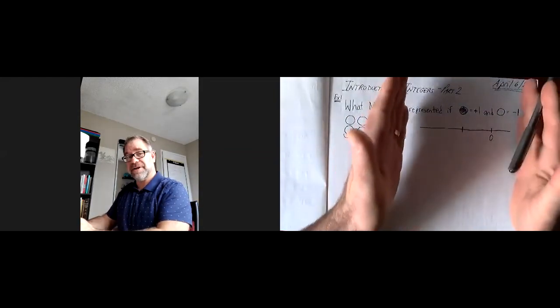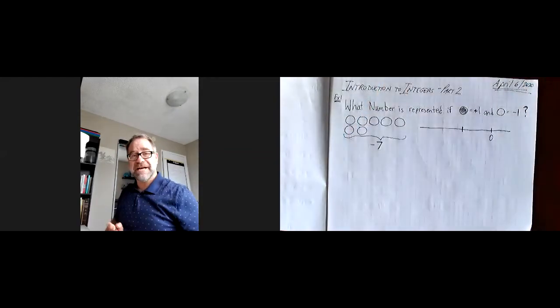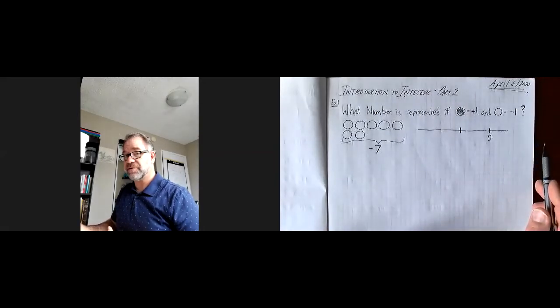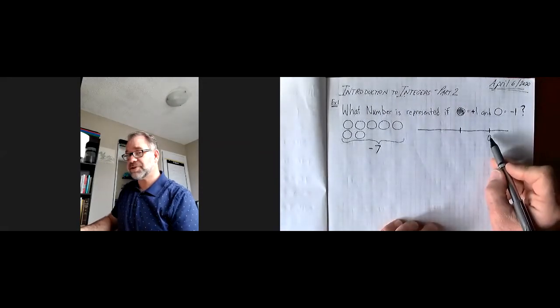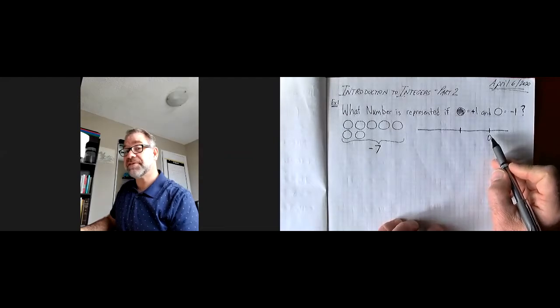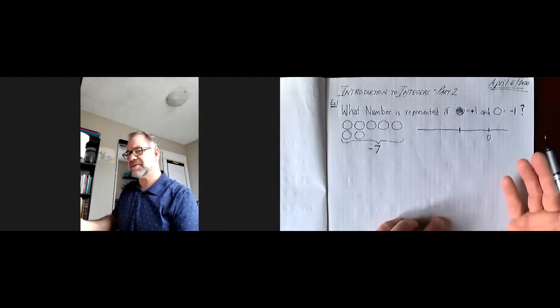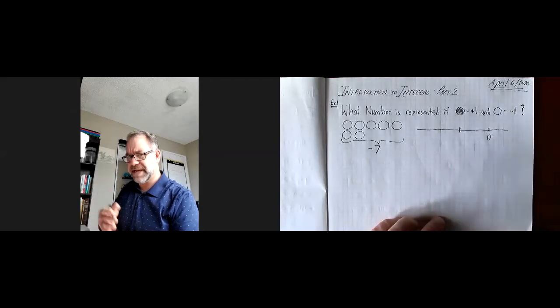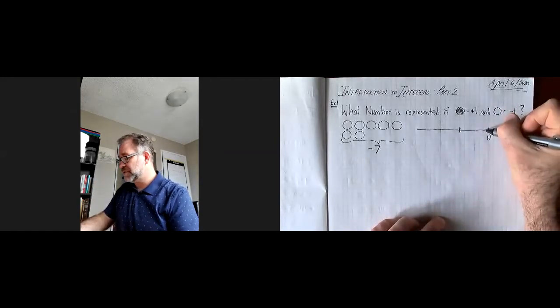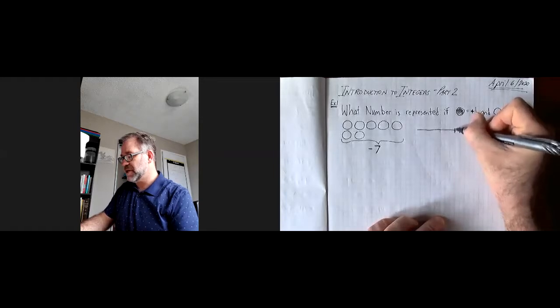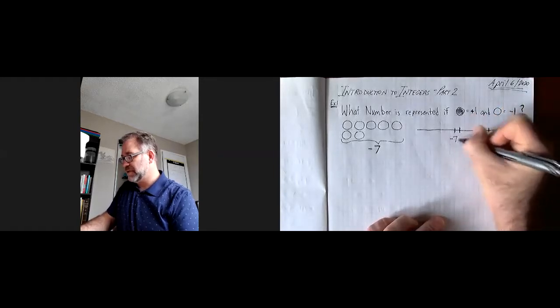For right now, I don't really need much of the positive values. 0 is just an arbitrary point in space. It's halfway on most number lines, but 0 is the neutral number between the negatives and the positives. So if this is -1, -2, -3, -4, -5, -6, I was off by 1, look at that, -7.